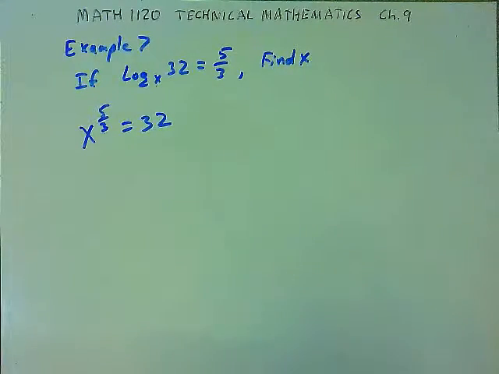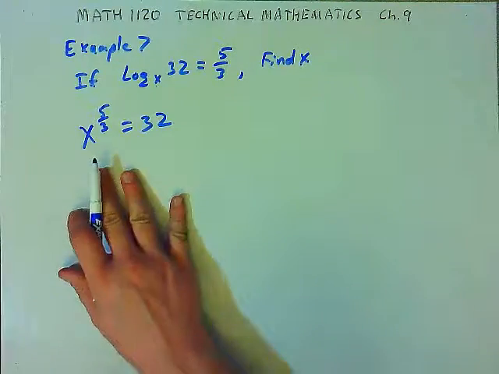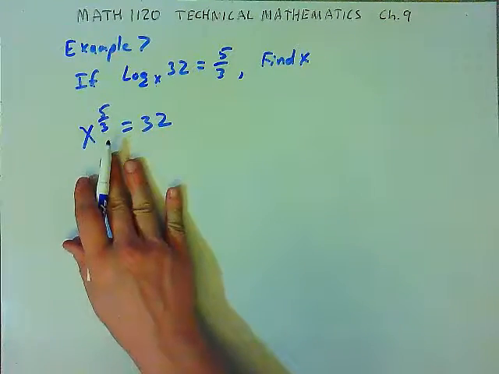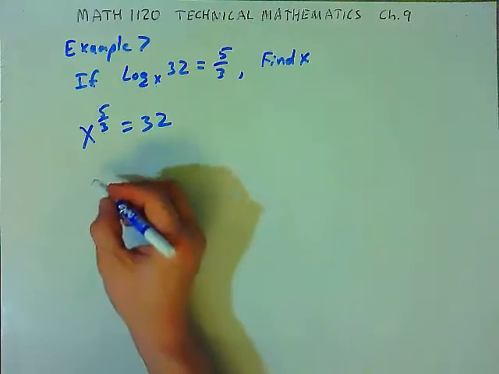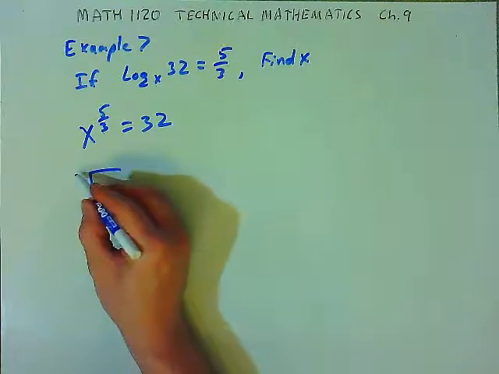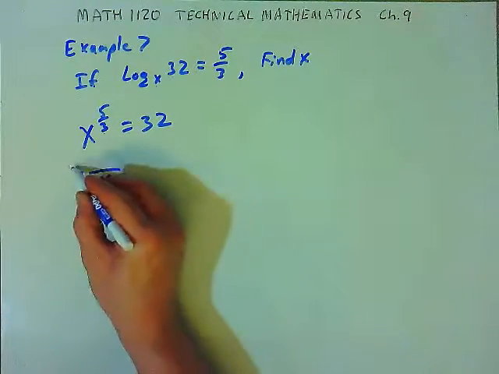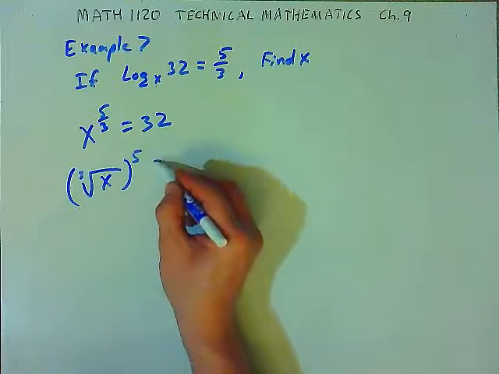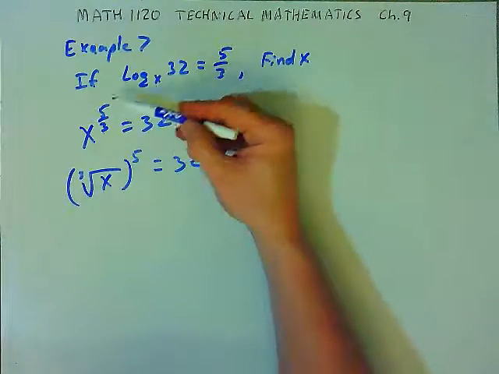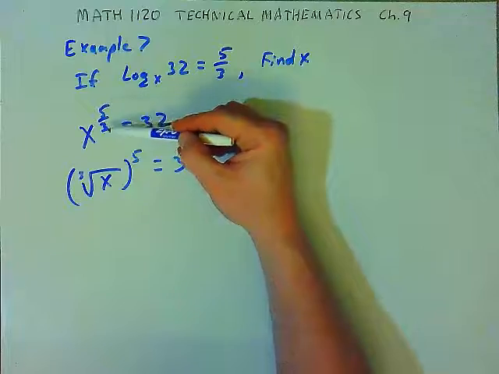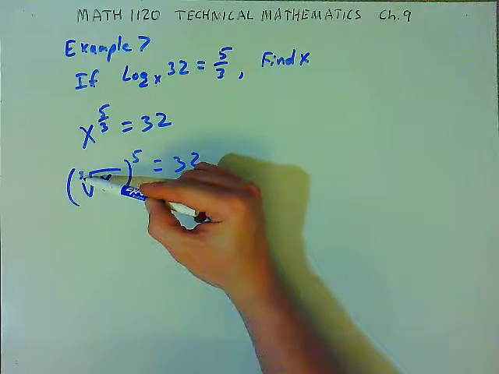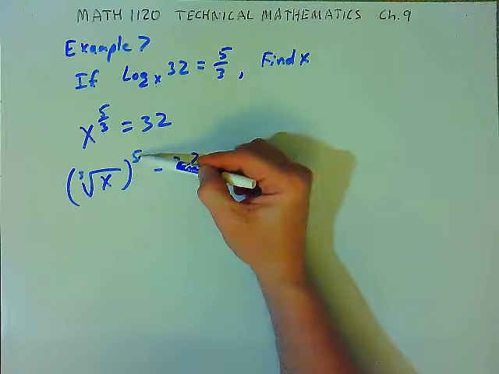There's a couple of ways to go about this. First, x to the 5/3 power is the same thing as saying the third root of x, all raised to the 5th power, is equal to 32. When we have a fraction as the exponent, the denominator is the root index, the numerator is the power.